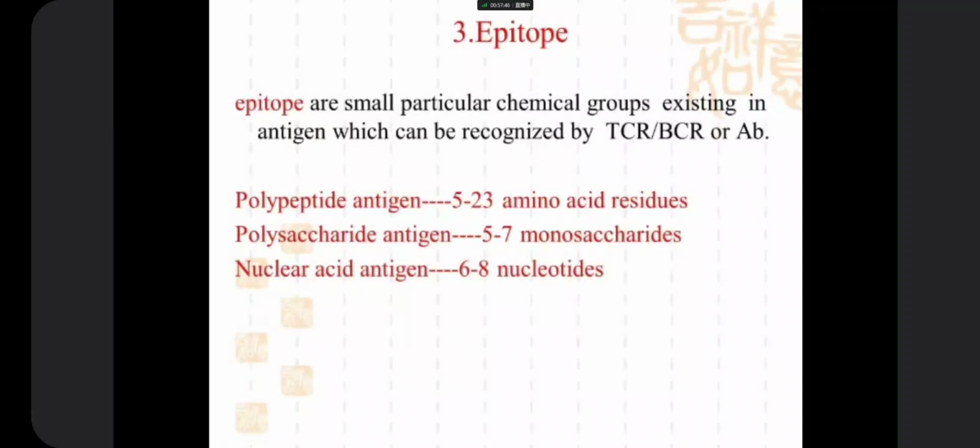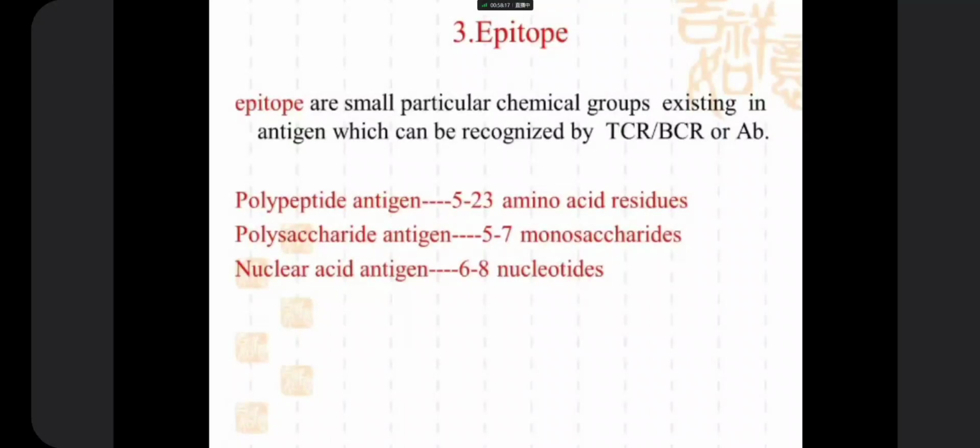For polypeptide antigen, only 5 to 23 amino acid residues can constitute an epitope. For polysaccharide antigen, only 5 to 7 monosaccharides.